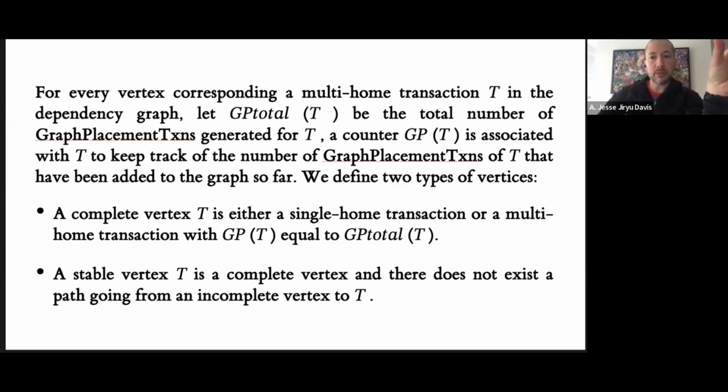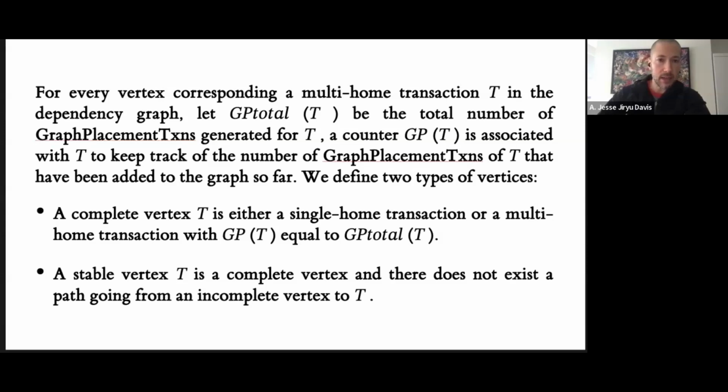That means that we've replicated all of the graph placement transactions for T. And a stable vertex T is both complete and also there's no path going from an incomplete vertex to T. So it means that we have all of the graph placement transactions for T and the same for all of the transactions it depends on.